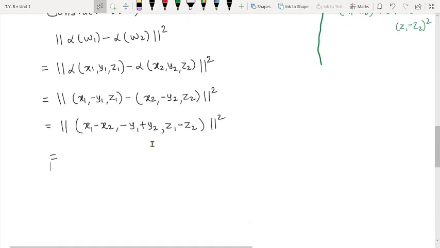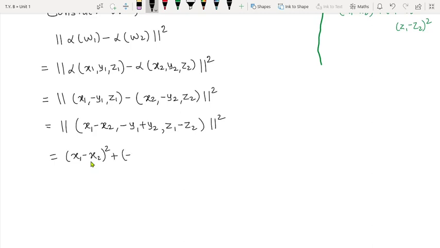This is a point of R3 and we are calculating the norm square of that. So it will be the square of every component added: x1 minus x2 whole square, plus minus y1 plus y2 whole square, plus z1 minus z2 whole square. Let us see where we wanted to reach.